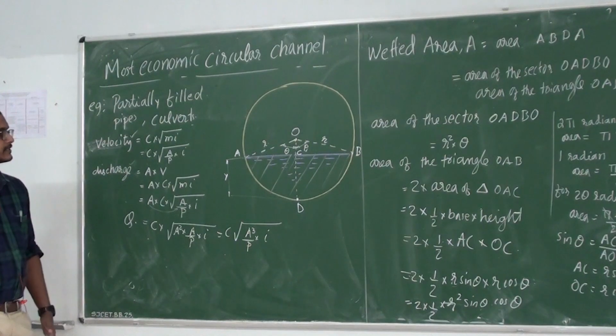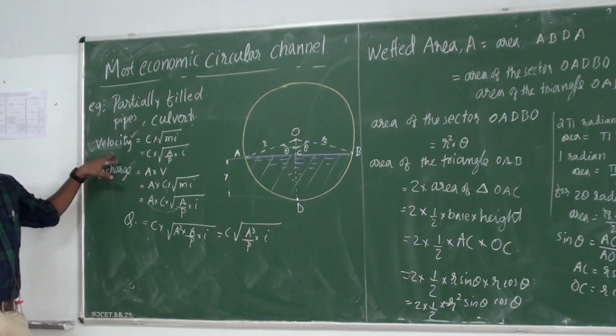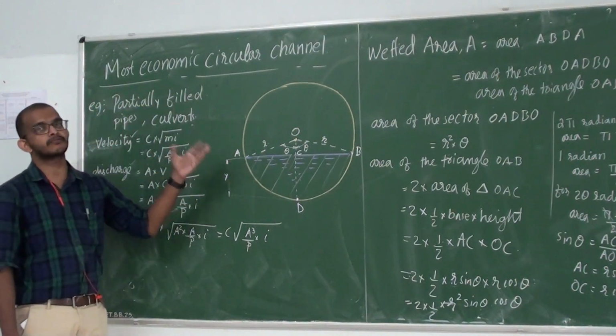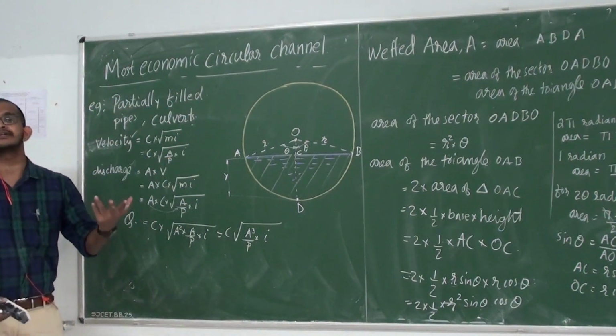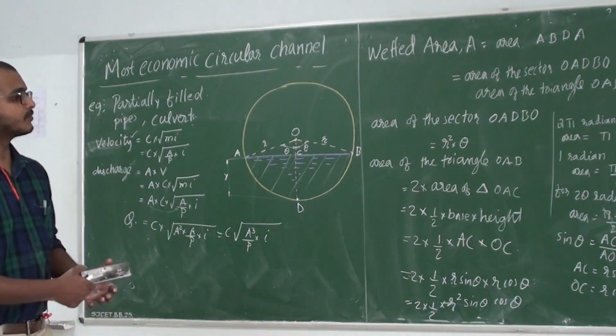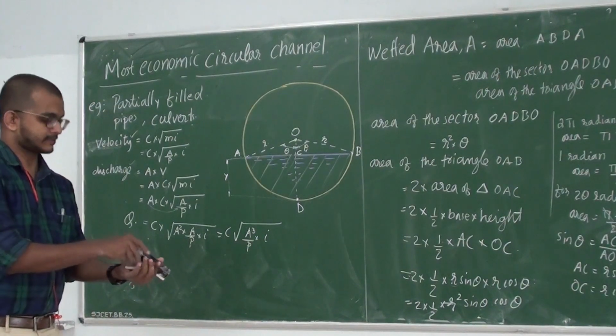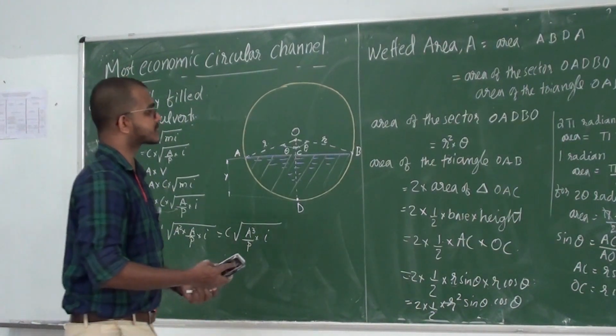And I already told you that we can optimize the circular channel for both conditions. We can optimize the channel for giving maximum velocity or optimize the channel for maximum discharge. Now let us discuss the condition for maximum velocity of a circular channel.